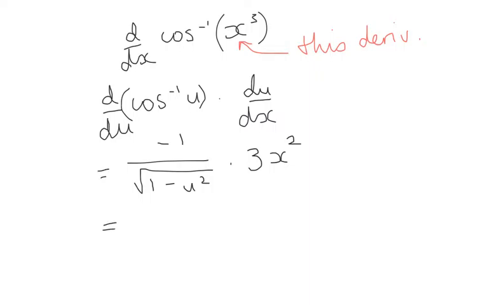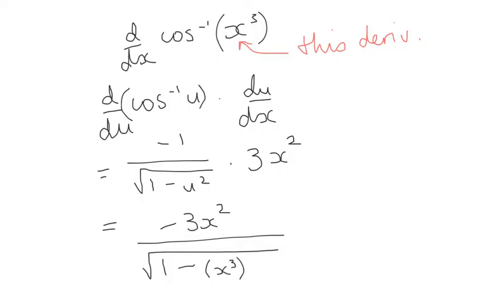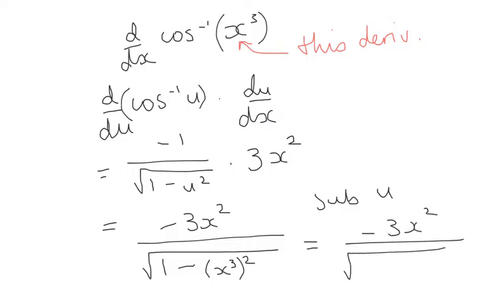Finally, we can complete this by multiplying negative 1 by 3x squared on the numerator and substituting back in for u, 1 subtract x cubed squared. So the final answer is negative 3x squared all upon the square root of 1 subtract x to the 6, using rules of indices.